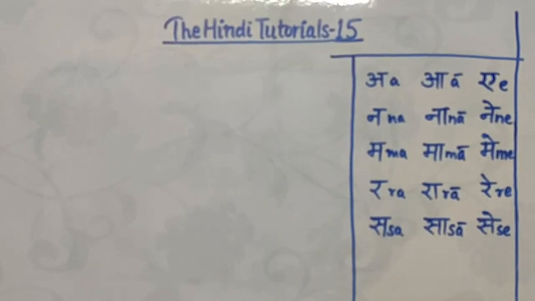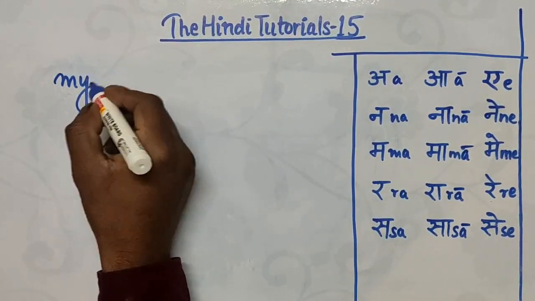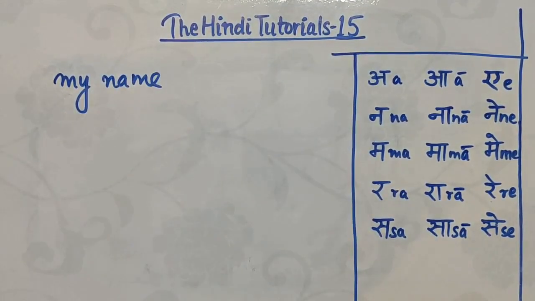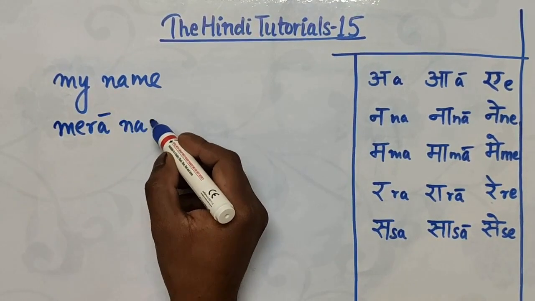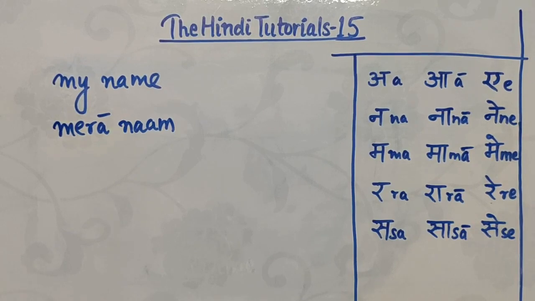I hope you guys remember how to say my name in Hindi. याद है? Do you remember? मेरा नाम. Okay. Now we are going to write मेरा नाम in Devanagari. To write मेरा, first we need to write me and then ra. Let's look at how we can write me. Here is me and this is ra.